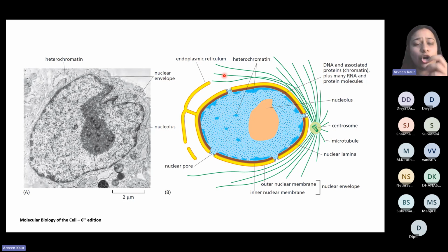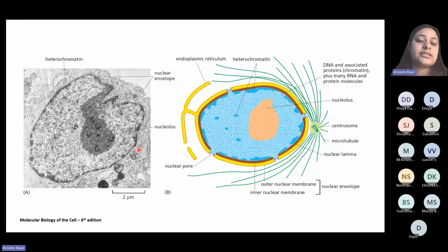Because there will be a lot of proteins present, right? When so much complexity is present, there will be very little or no DNA freely available for transcription to occur, right? So heterochromatin regions, which are densely packed chromatin regions, are transcriptionally repressed, right?